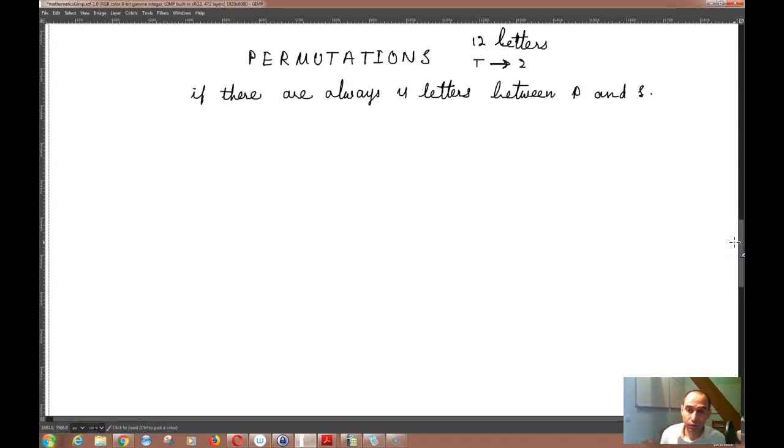And so now the third part of the question, the word that we have is permutations. You have 12 letters here and T occurs twice.